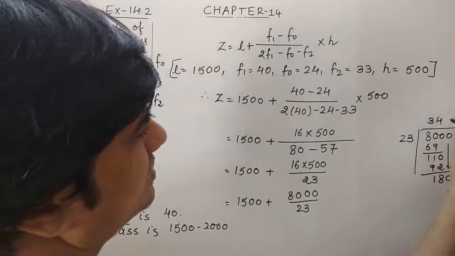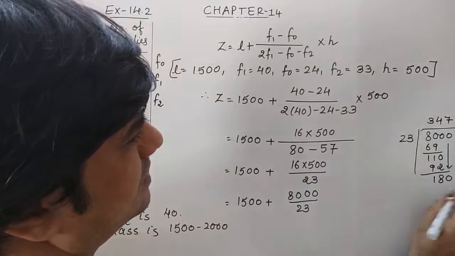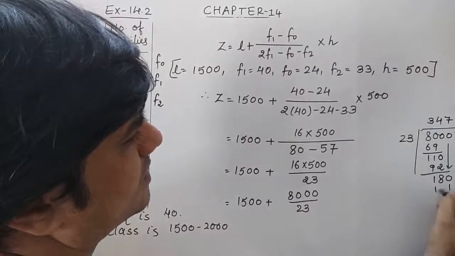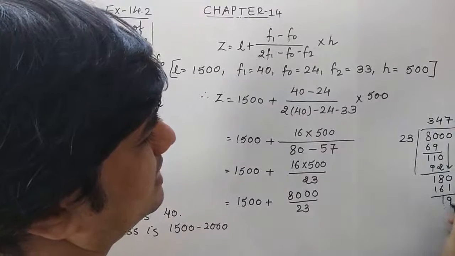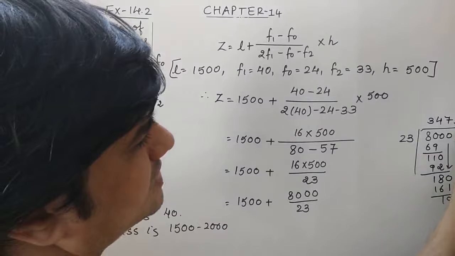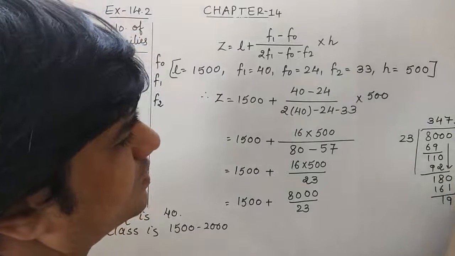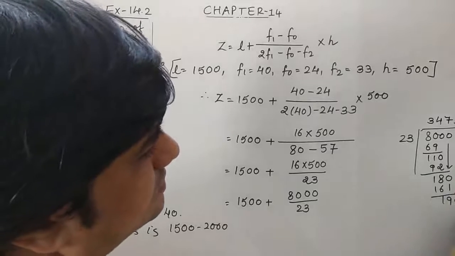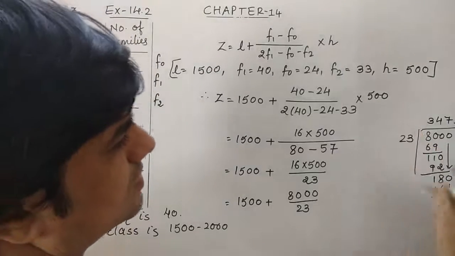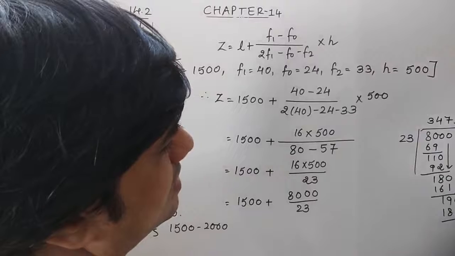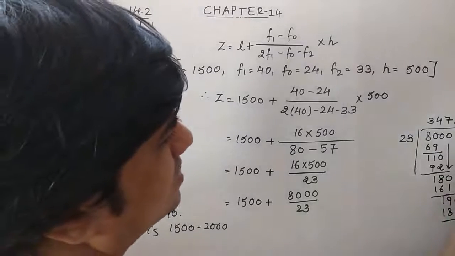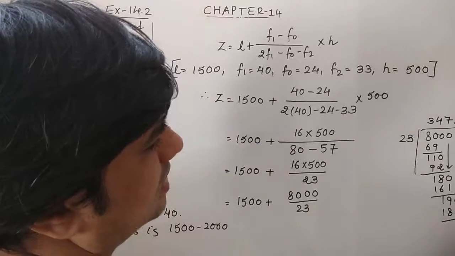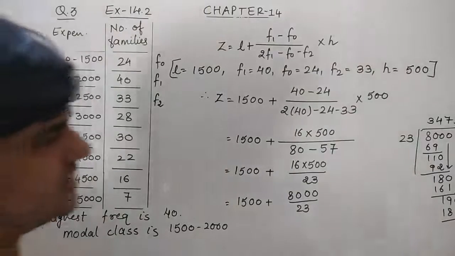No, it's greater, so we have to go for 7. It's 19. Now you can see that it won't be divisible, so we can go for 0. Now 8s are, and at most we will go for 2 digits after the decimal, not more than that. 2s are.